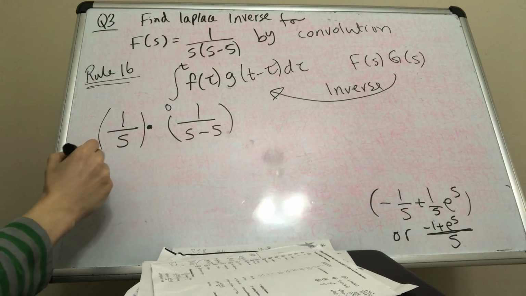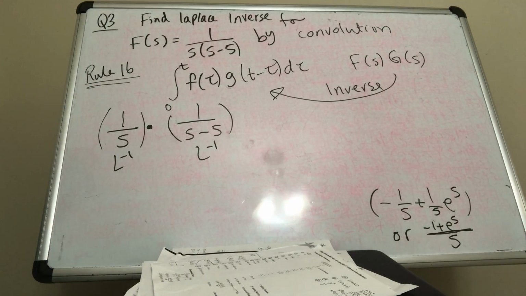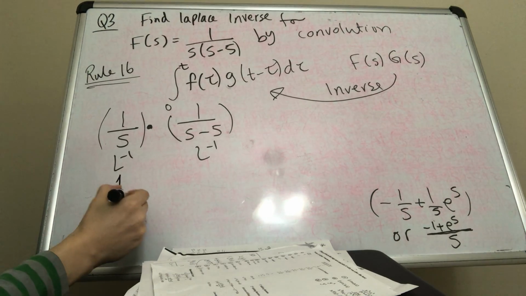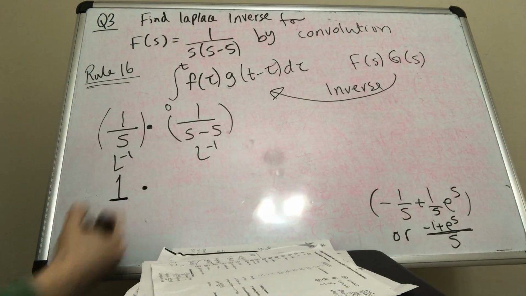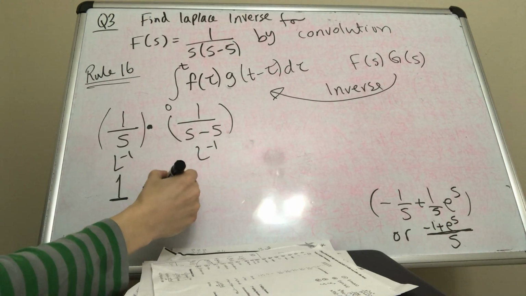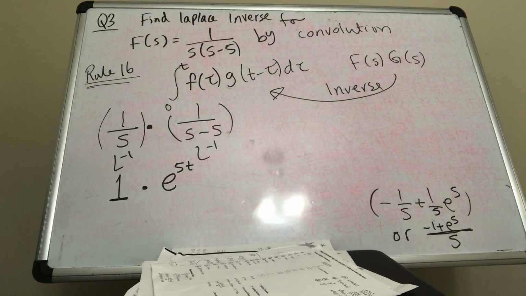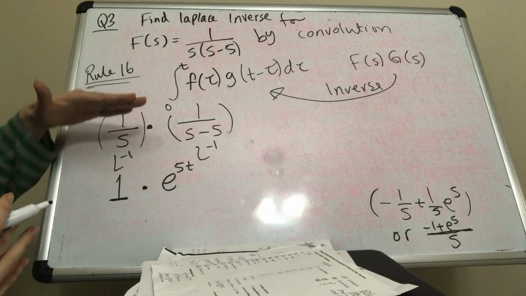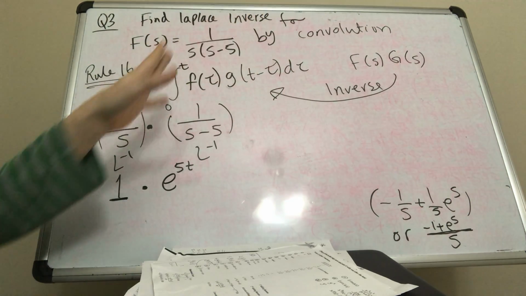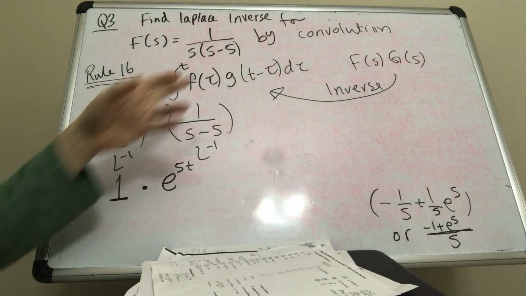I need to do the inverse for both of them. For this one, 1 over s, that's 1. For this one, it's e to the 5t. So now I made it two different functions, multiplied, and did the inverse.